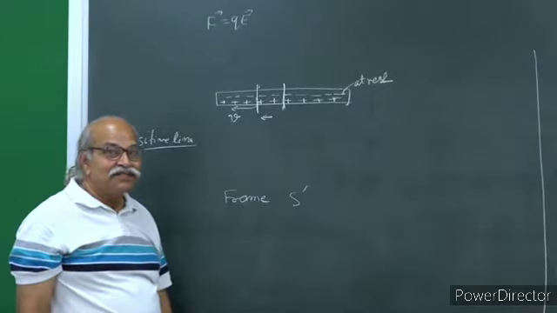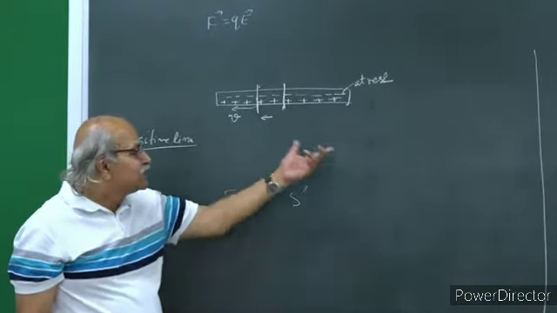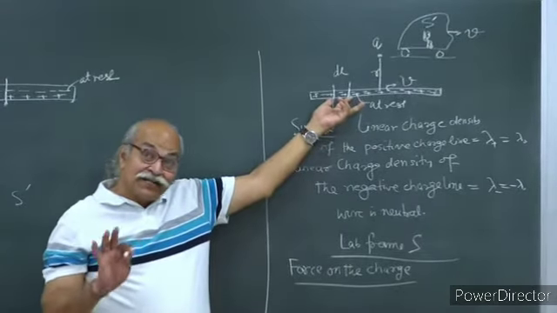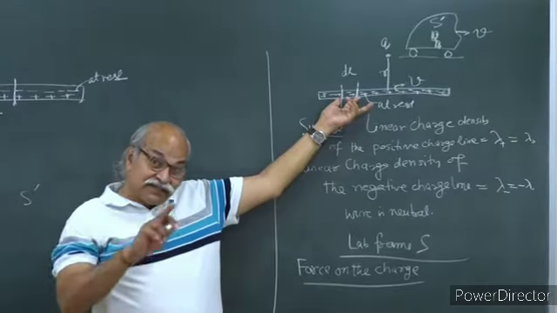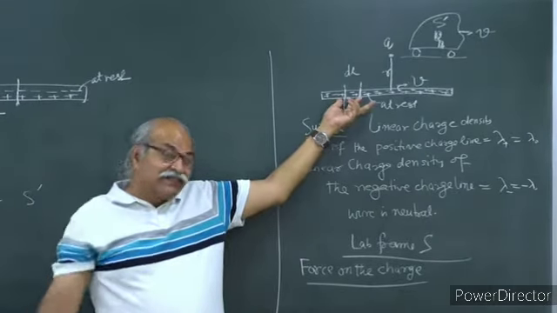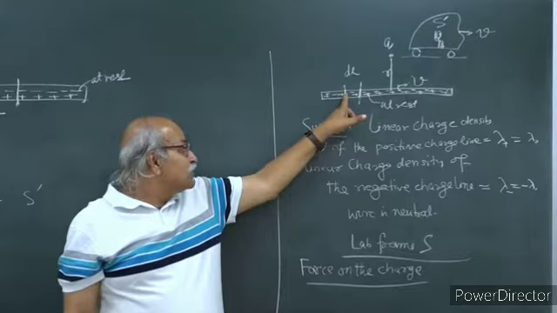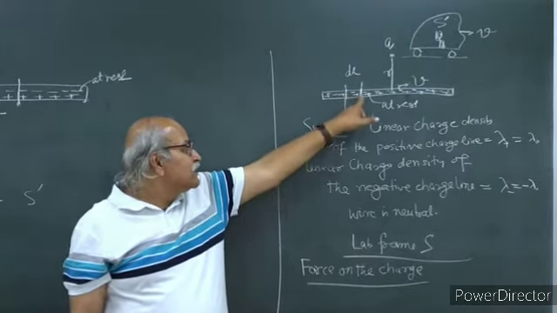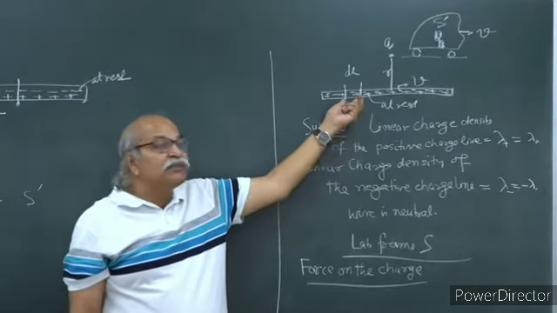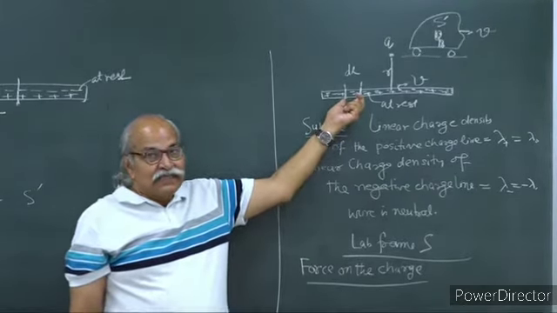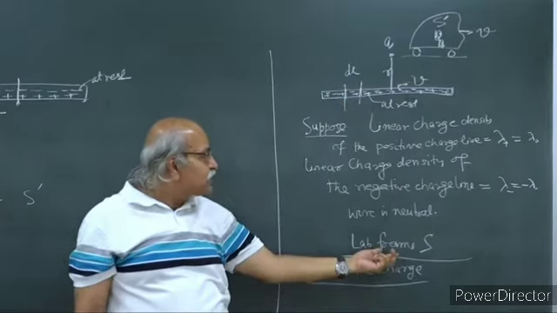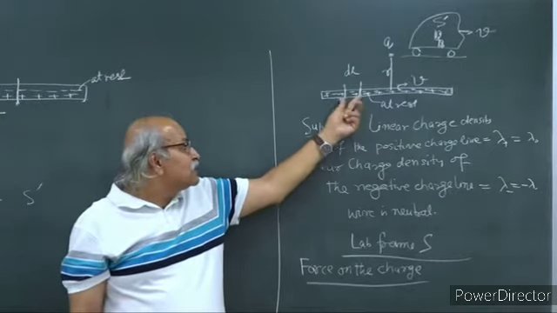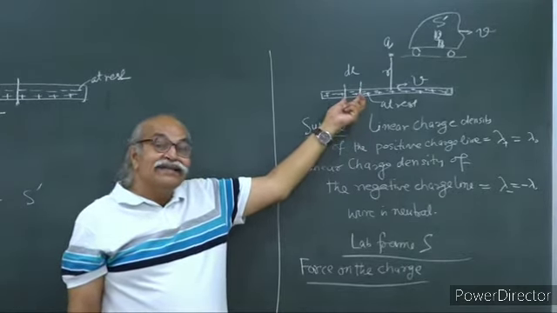Okay. Only look at the positive charges, the plus plus plus plus plus. If I am choosing a particular point here on this positive line, and another point here, and the separation between these two: if I look from the lab frame S, since the entire positive line is at rest, this length dl is the rest length.